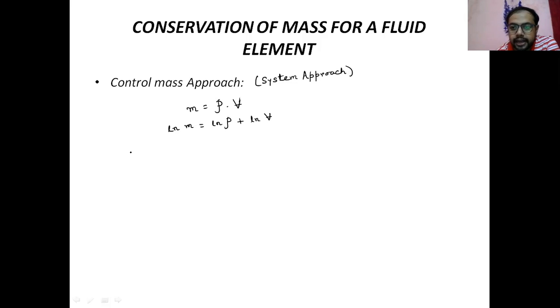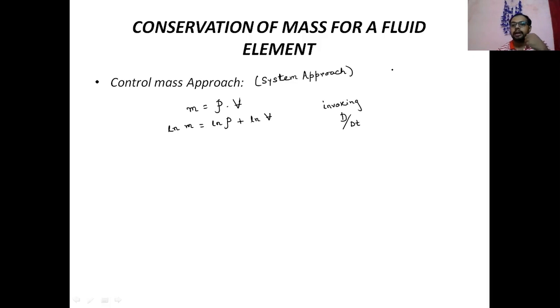You differentiate both sides with respect to the time. But here, you have to invoke the total differentiation. Keep it in mind. Why? Because in the control mass approach, you have seen the Lagrangian approach.